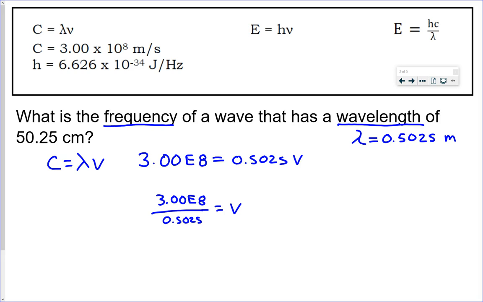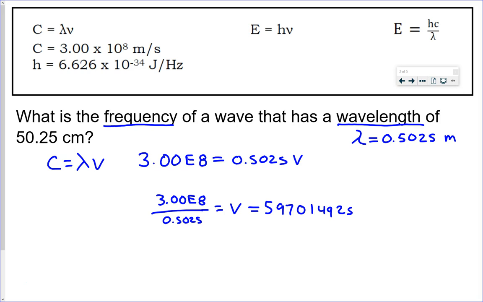You put that in your calculator and you should get a larger number. Now, we need to round this to 3 significant figures. What comes out of your calculator is 597014925, and then there's some numbers after the decimal there.